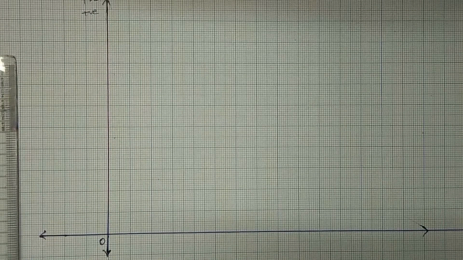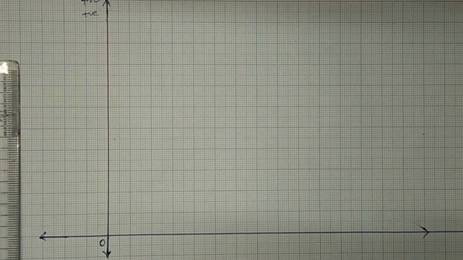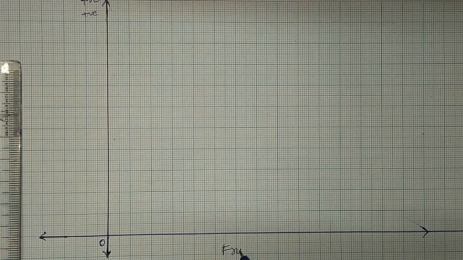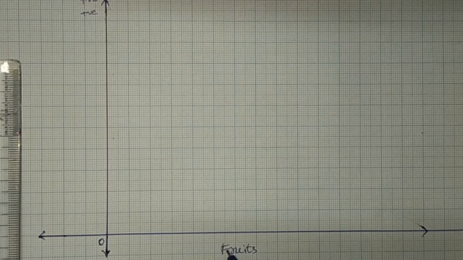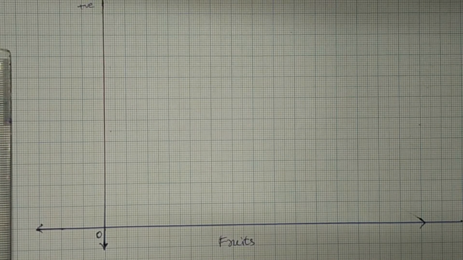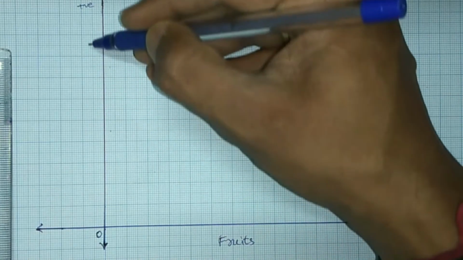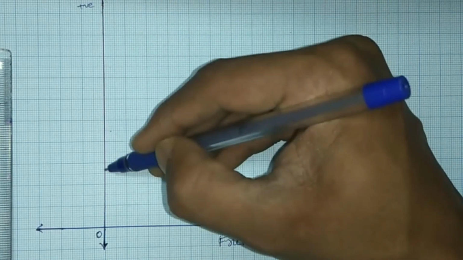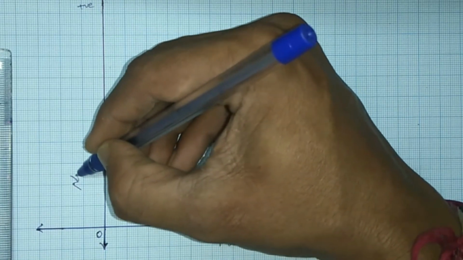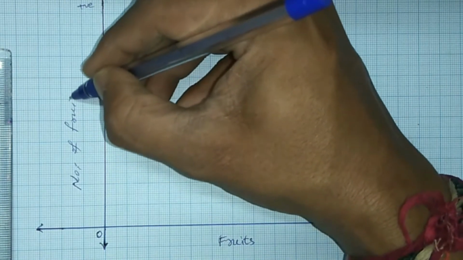Now, students, let us take on the x axis the name of the fruit. So, I will consider fruits on the x axis or horizontal axis, and I will consider the number of fruits on the y axis or vertical axis.